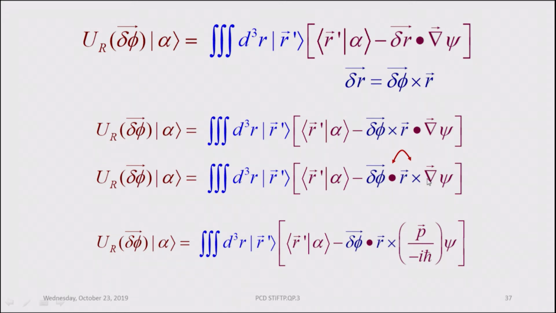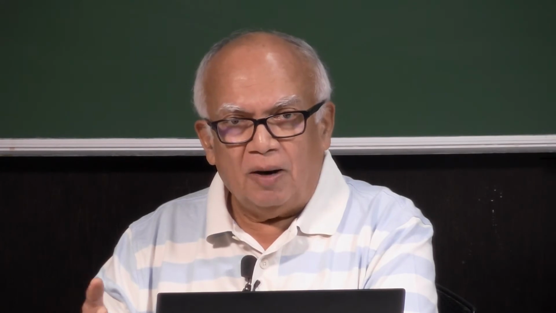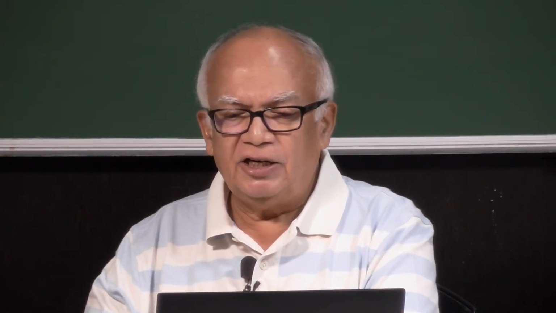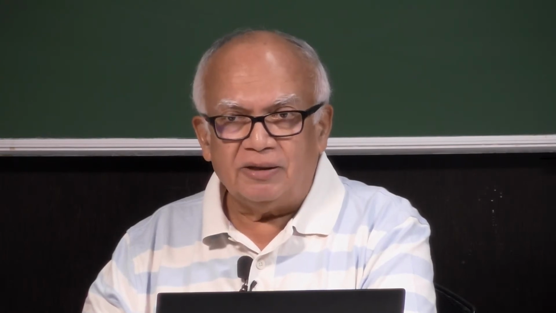But r cross del is nothing but the angular momentum, because minus i h cross del is the momentum operator. When you multiply by minus i h cross, you get the momentum operator, and to compensate for this you divide by minus i h cross. So now you have r cross p, which is the angular momentum operator popping up.